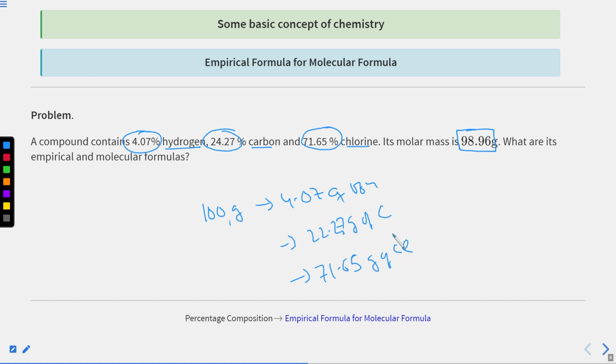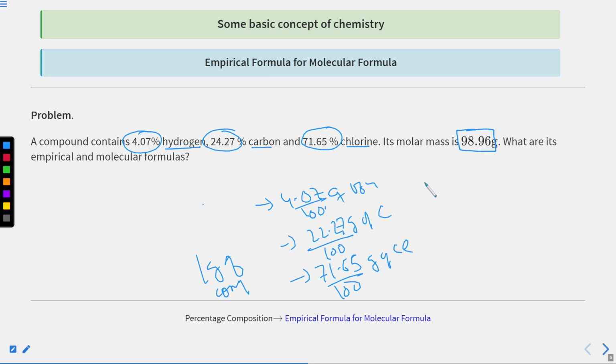This is the meaning of percentage composition. Or we can say that if we take 1 gram of compound, then this will be divided by 100, so in 1 gram of compound we will have this much mass of hydrogen, carbon, and chlorine.